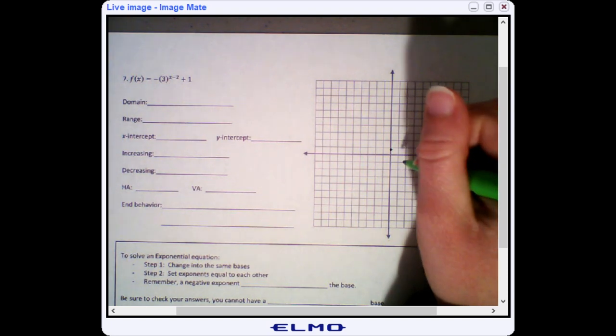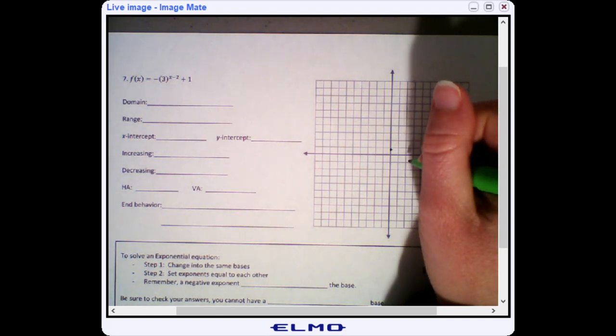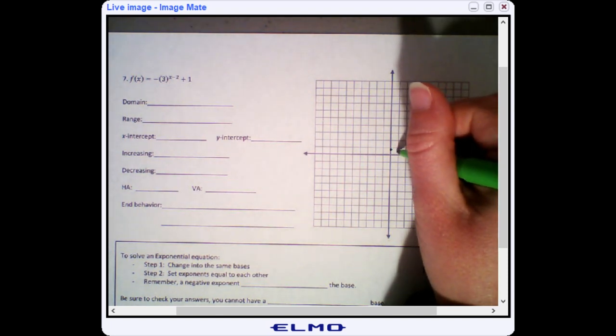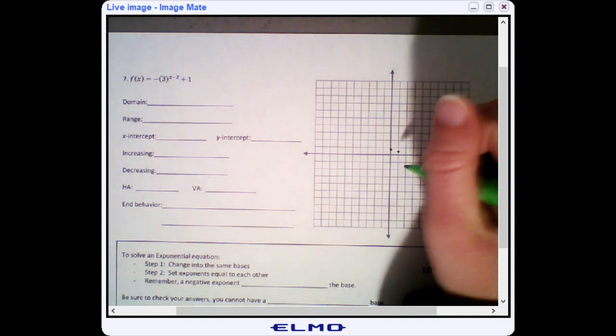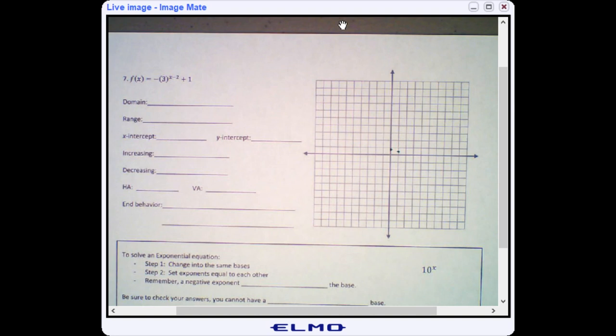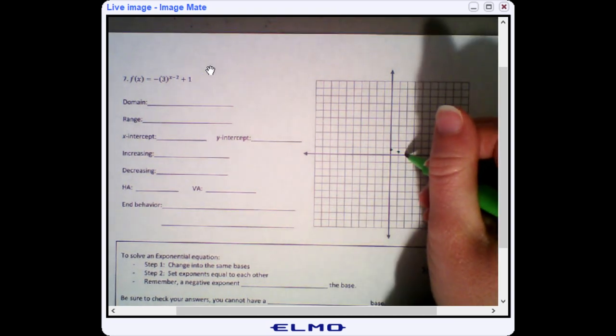When we plug 1 in, that's going to be 1/3, negative 1/3, so negative 2/3. And then when we plug 2 in, that gives us 0. So that's 1, negative 1 plus 1 is 0.